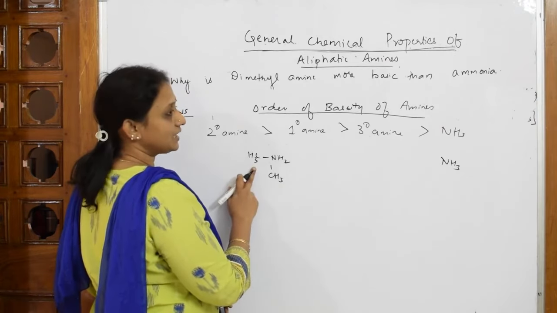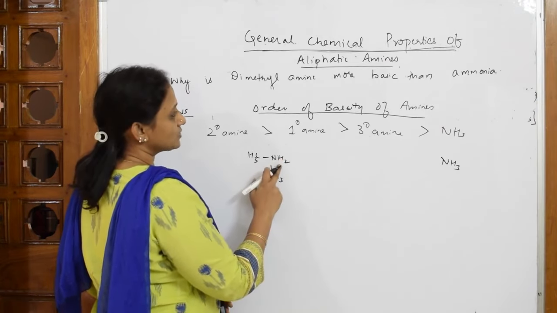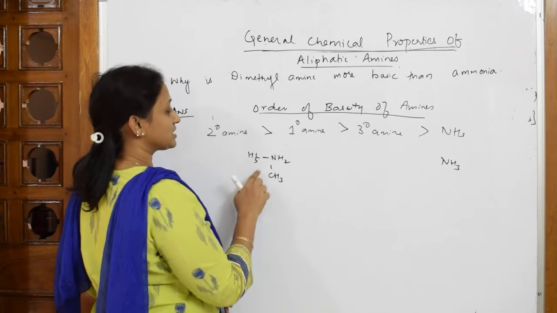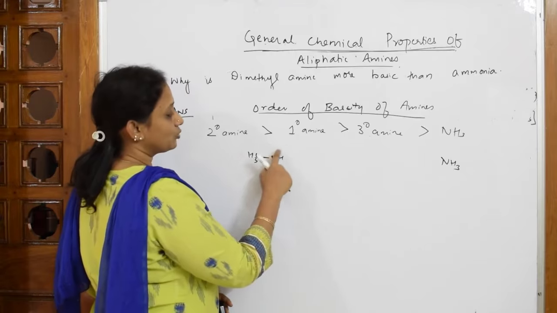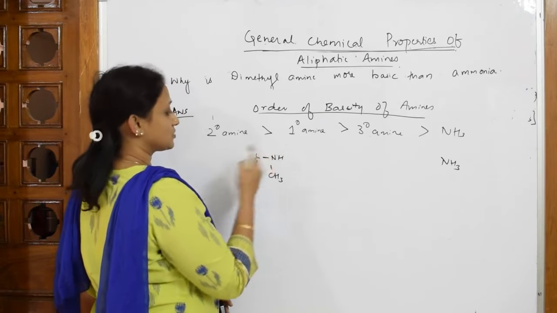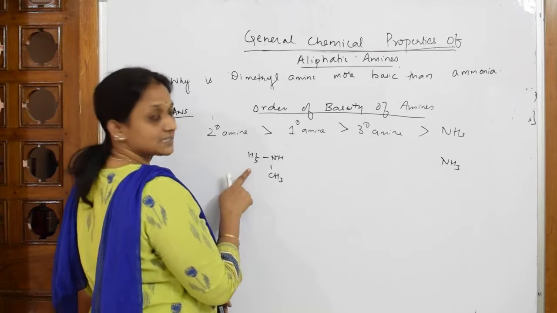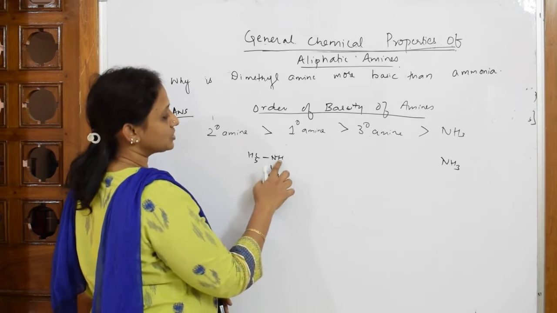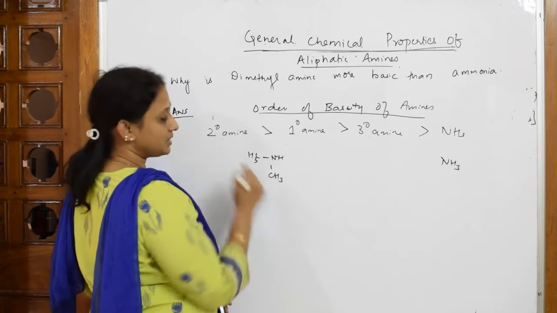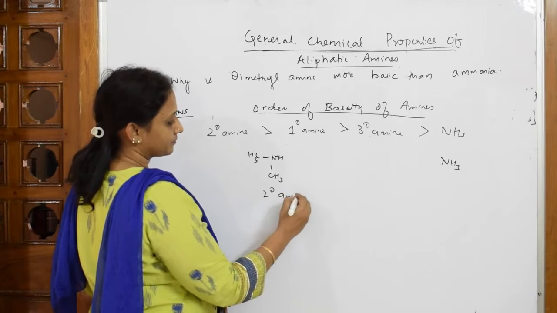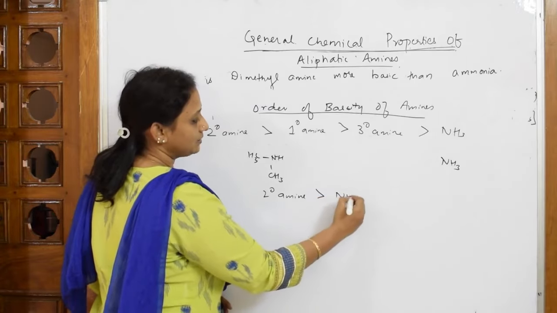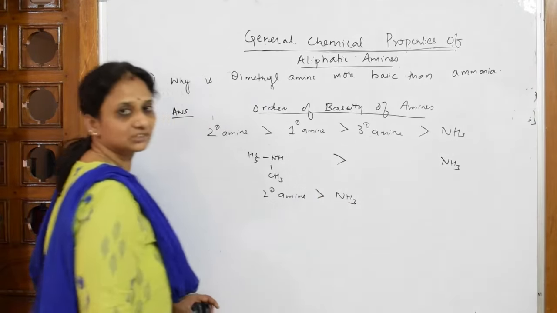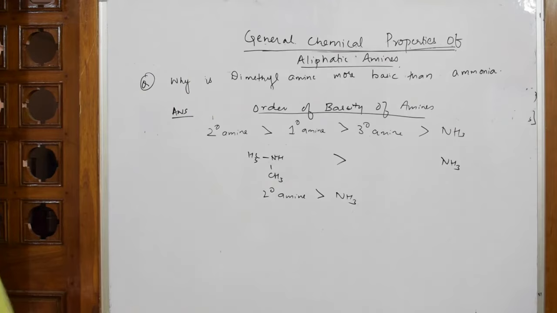Now this dimethylamine, okay, what is the mistake I did here? Amine they said, so one hydrogen, isn't it? Because you have a lone pair of electrons here. So remember what type of amine is this? Two alkyl groups and one hydrogen. Two alkyl, one hydrogen is which amine? Secondary amine. So obviously secondary amine, as I said, is more basic than ammonia. This is how you will do it.